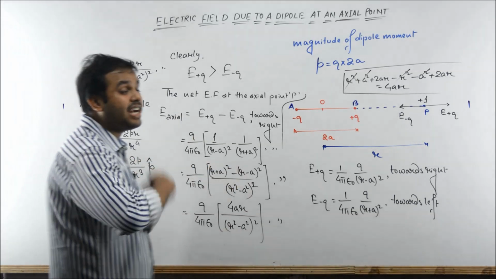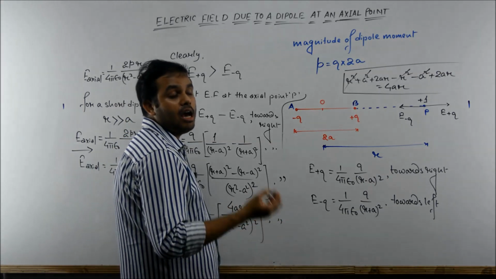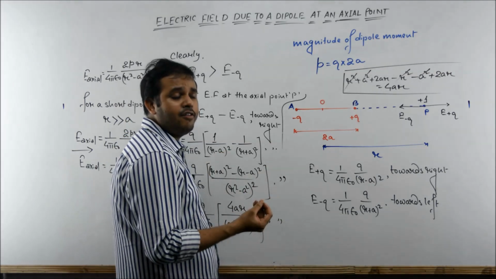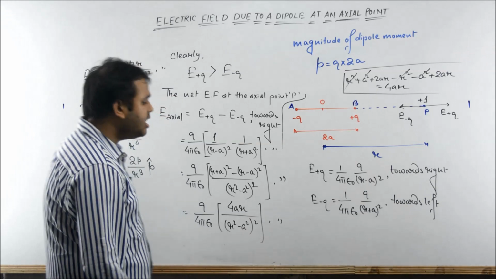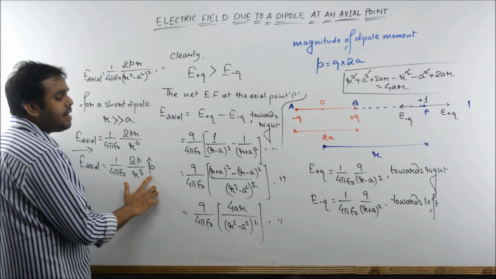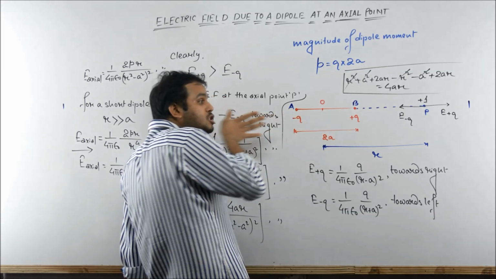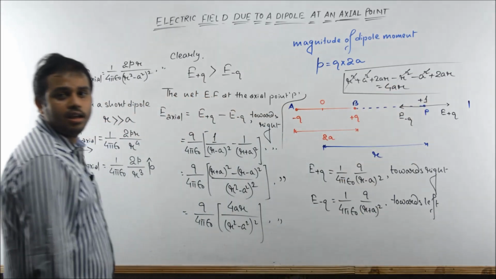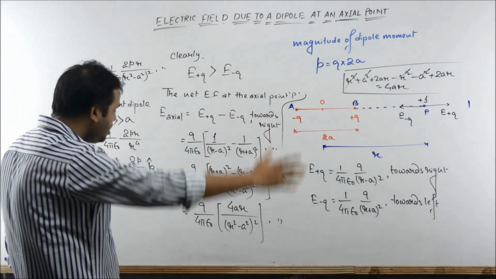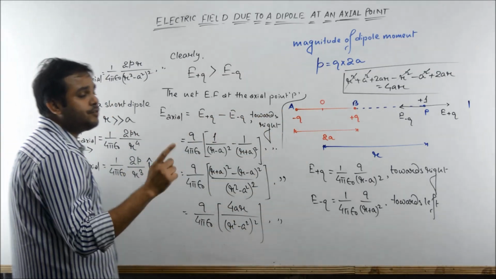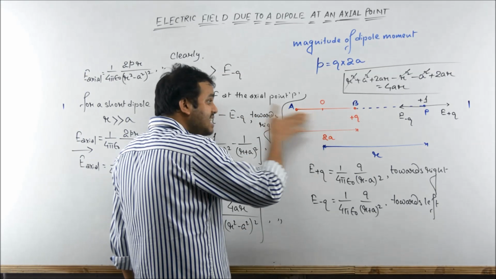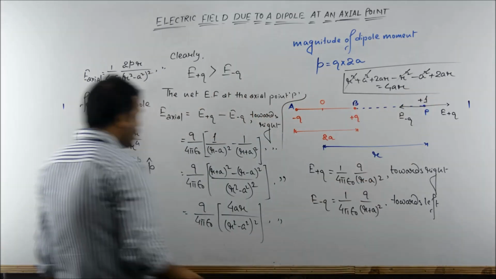It is the unit vector of dipole moment. And what does a unit vector give? It gives the direction. The direction of dipole moment is from negative to positive, and in this case, negative to positive is towards right.